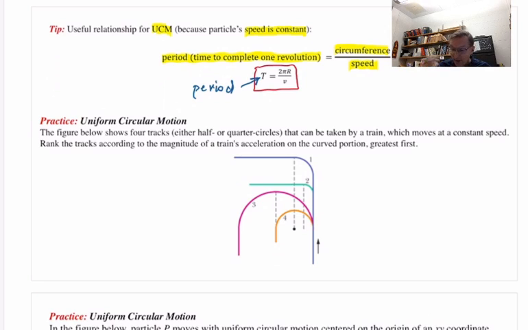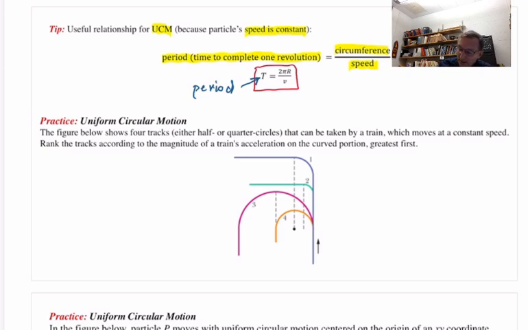Actually, the particle in this case is a train, so think of these as train tracks. And all of these tracks, the key important part of them is the curved part. And the curved part in all 4 tracks is either a half a circle or a quarter of a circle. And we're only interested in when they are on that curved part. That's the only part we're going to be focusing on here.